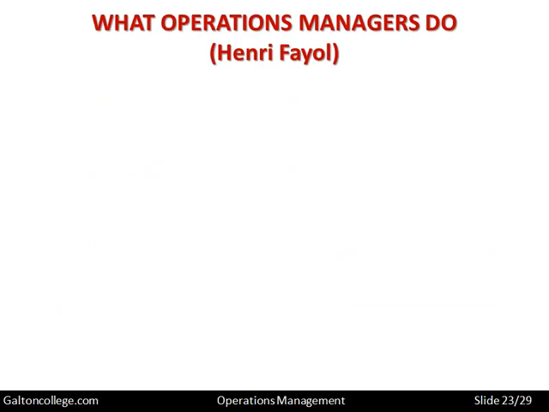Now let's have a look at what operations managers do, according to this famous writer in the area, Henri Fayol. Well, for a start, they plan. Without planning, nothing will happen. They must plan for production. They must see the capacity of the business to produce the orders that are received, and they must plan it.